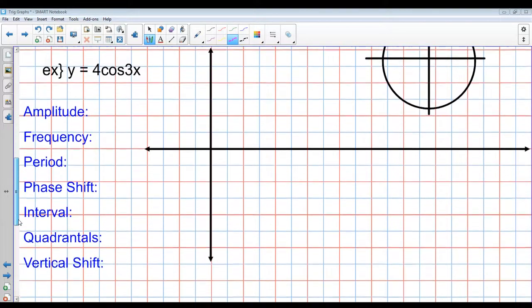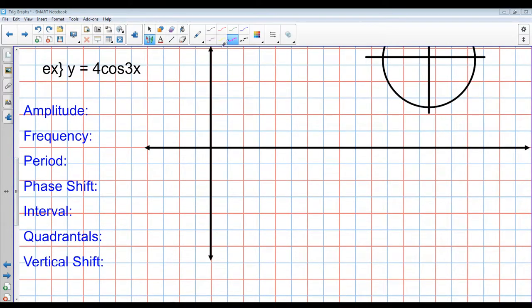So let's graph this. These are the things that we always want to think about when we're graphing a trig function. 4 cosine 3x. There's not a lot going on here, but we do have an A value of 4 and a B value of 3. So let's think about what those are in relation to our graph. Amplitude is that A value. So our amplitude for this graph is 4.